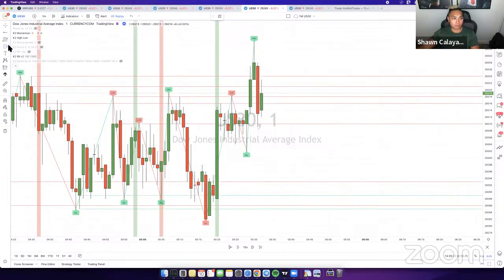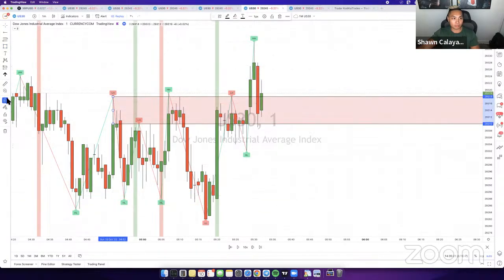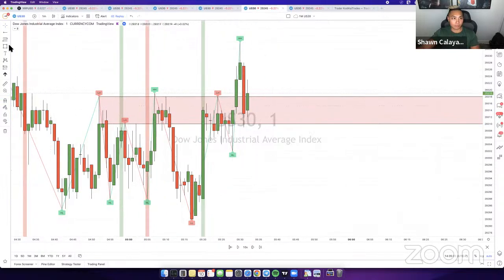So I'll mark up the zone right here again real quick. So we got the zone right there. Wick rejection right there. Let's see. CT said there was one. Oh, it was this one right here. Okay, so I think CT was mentioning this one there.